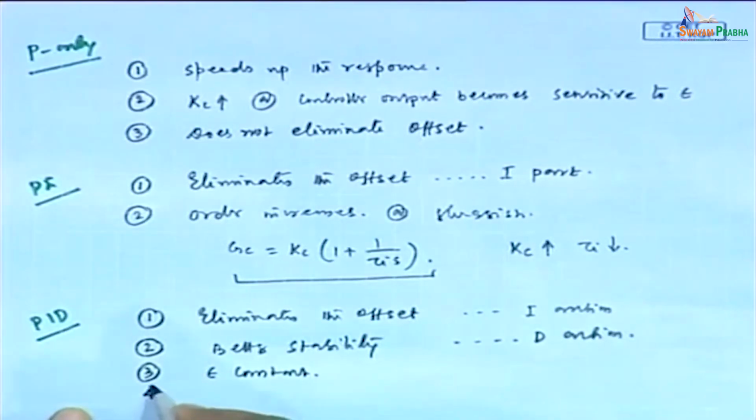And last point is, for a noisy response with almost zero error, the derivative term leads to large control action, although that is not required.